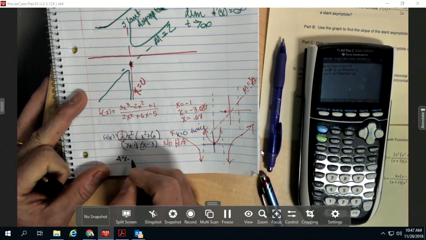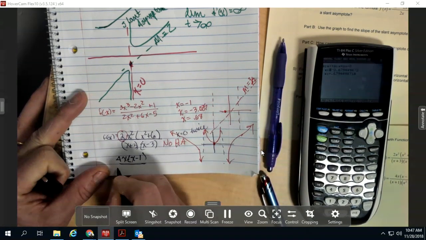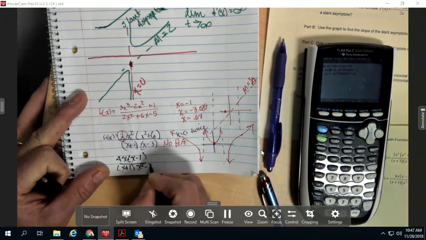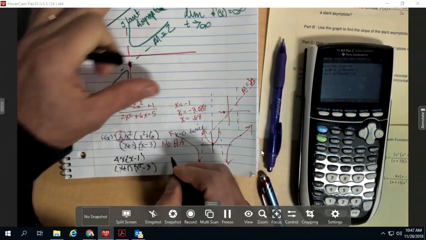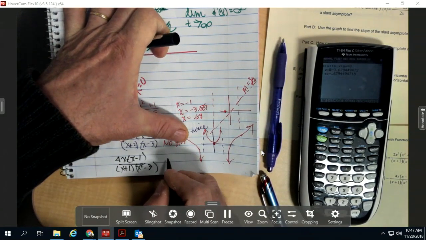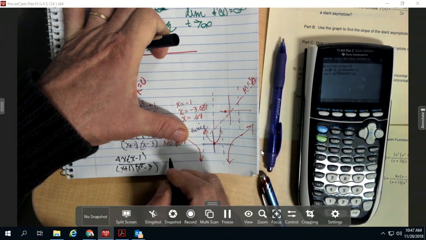Four x times x minus 1 over x plus 1 times x squared minus 3. The power of the numerator is 2, the power of the denominator is 3.